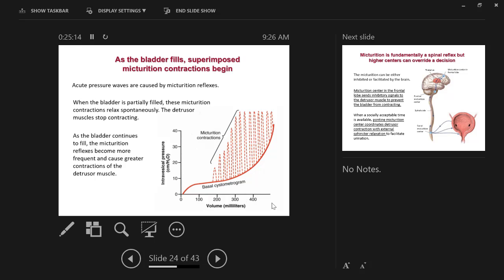But this keeps happening because urine comes from the kidney, and this reflex becomes more frequent and stronger. At the end, the cystometrogram pressure goes up, and then you have to go to the bathroom.